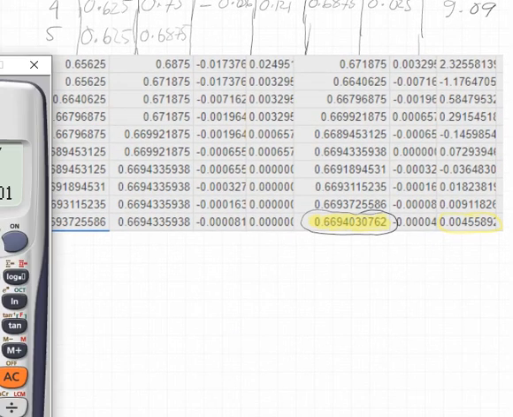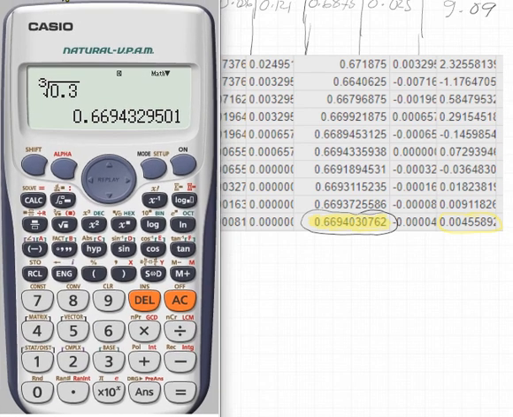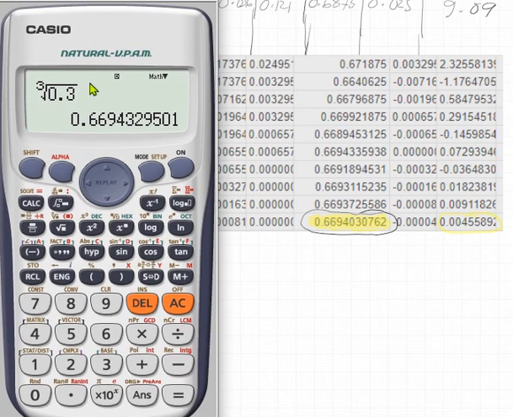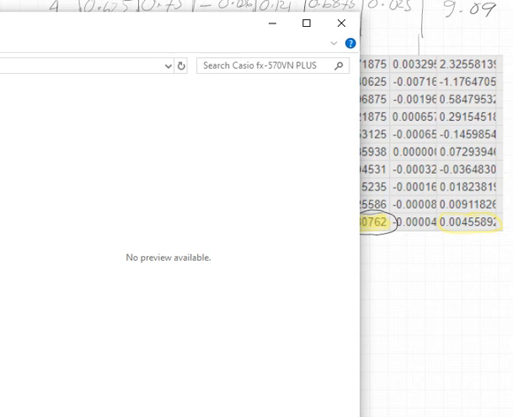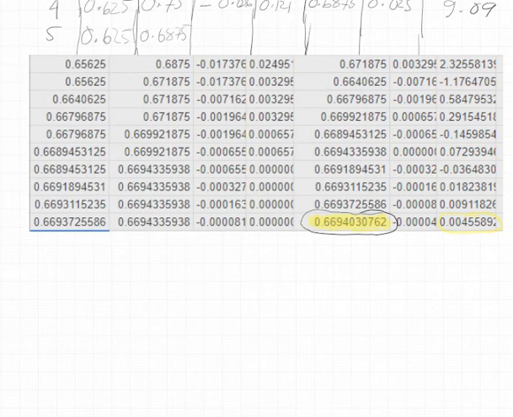Let's try to solve again. So this is our true value for x. It's equal to... Let's try to compute it again.